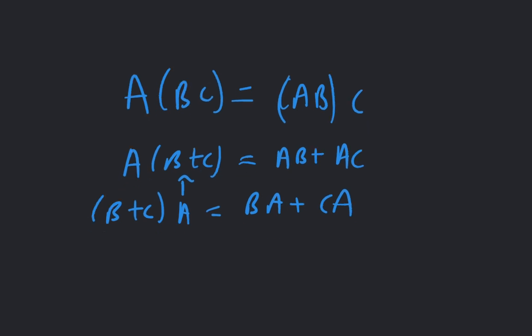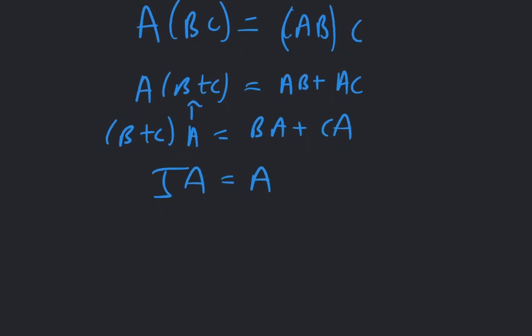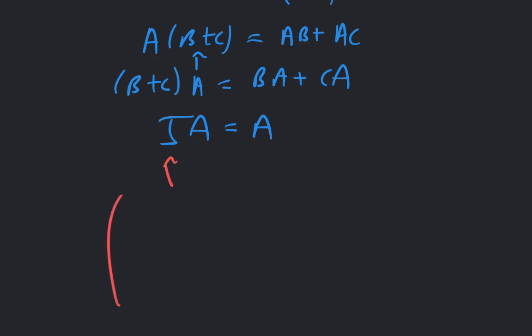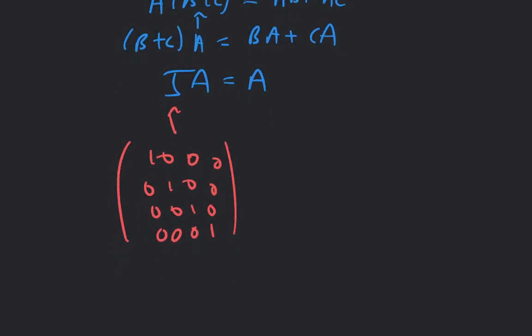If we have IA, it just gives us A. I is the identity matrix, and this is written as 1, 0, 0, 1 for 2 by 2, or 1, 0, 0, 0, 1, 0, 0, 0, 1 for a 3 by 3, or that for a 4 by 4.